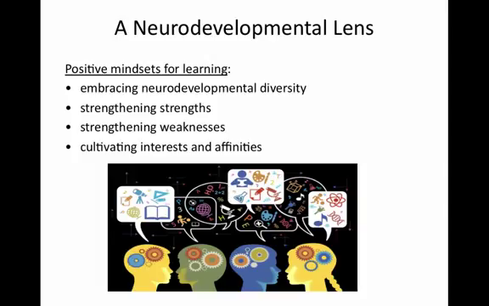Okay, so the ideas on this slide are focused on developing positive mindsets for learning, and I'm going to talk a little bit about each one in order. So the first is something that came up when we were talking about neuromotor function initially in the first 3 weeks of the course, and that's really about embracing neurodevelopmental diversity.